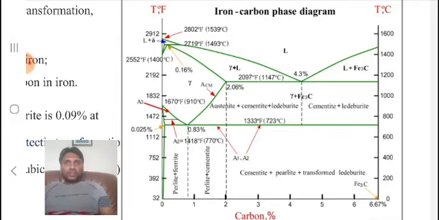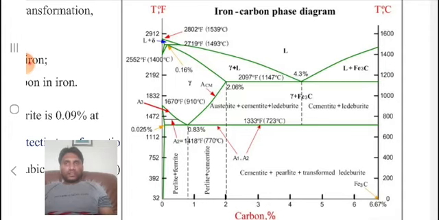In this iron carbon diagram, for any heat treatment processes of steels, the portion from 0% to 2% carbon content is very important, up to 1147 degrees centigrade, that is till the end of the ACM line.